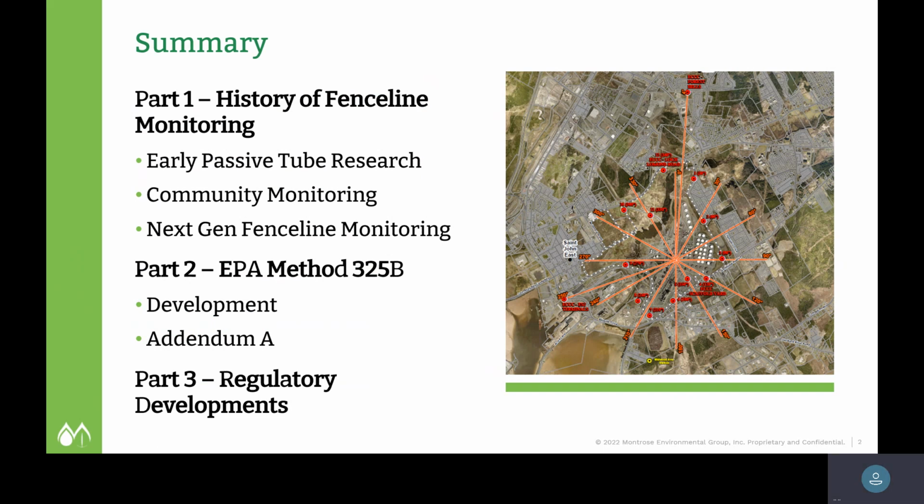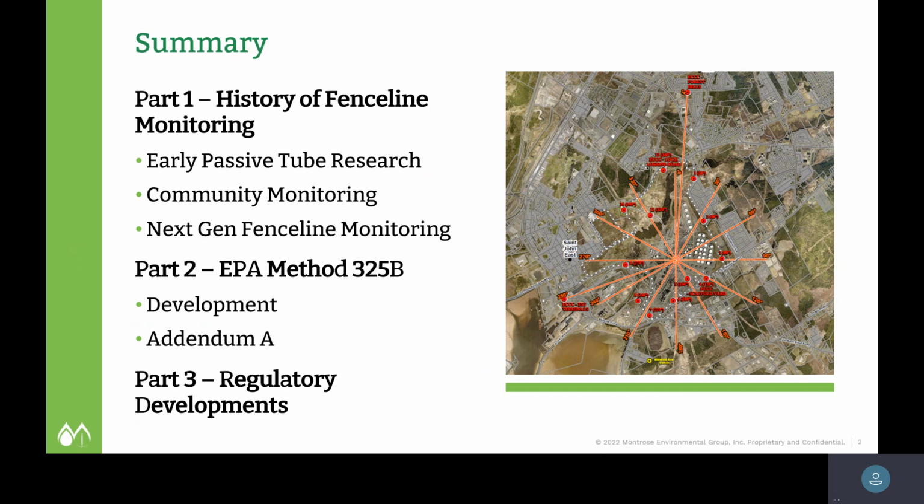As I mentioned, it's going to be really the history of Fenceline monitoring, from its inception with early passive tube research, and how community monitoring using these techniques assisted with the development and implementation of this approach using EPA's Next Gen Fenceline Monitoring Initiative, putting these tools into place to try to look at how to monitor emissions at refineries and fence lines of industrial sources in low-cost ways.